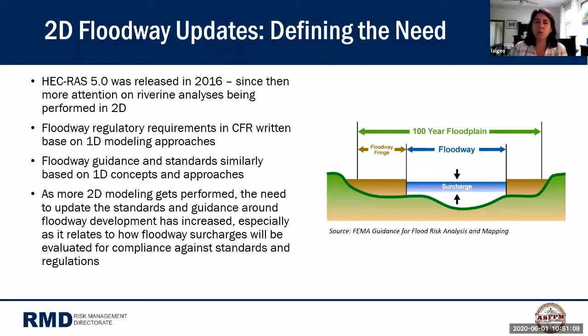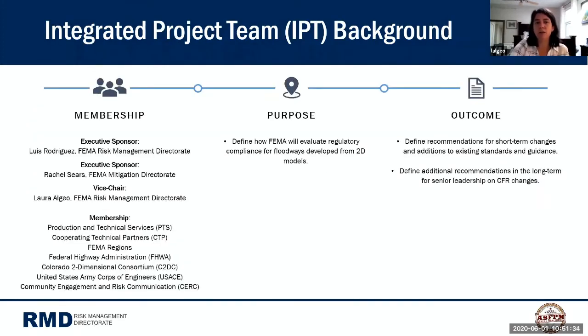As more and more people have been doing 2D modeling, we've identified the need to take a look at our standards and our guidance, and see what needs to be modified and changed to understand the differences in the modeling components, still meeting our Code of Federal Regulations, which is still in place, but trying to give some flexibility and leeway around the modeling components that are being done these days.